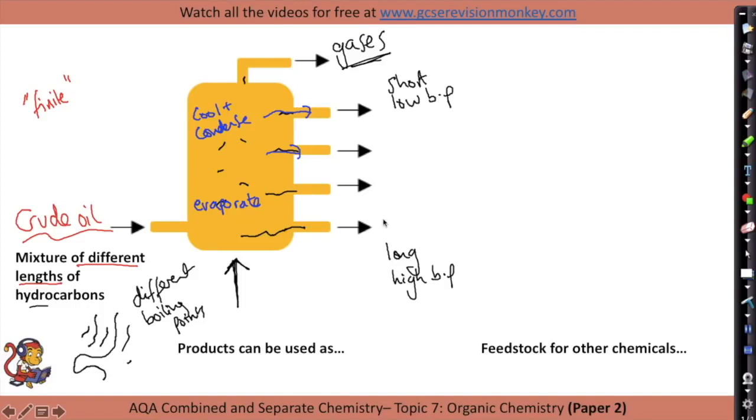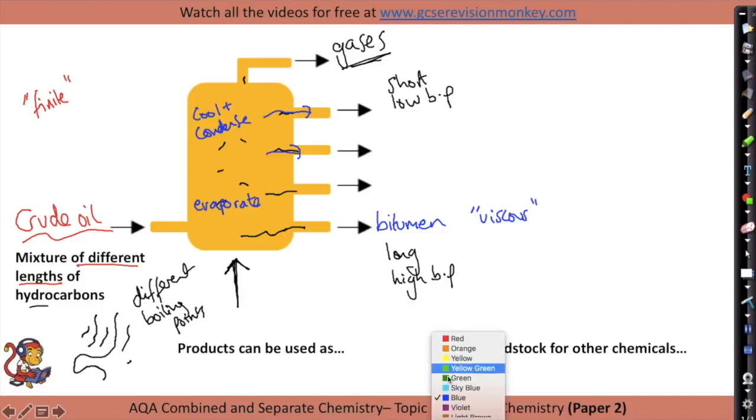At the bottom, you get really long chains that are useful for things like bitumen. Bitumen comes out the bottom of the tower. It can be used on roads. It's a really thick, gloopy substance. We call that a viscous substance when it is thick and gloopy.